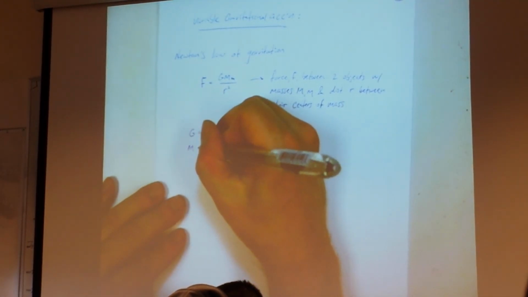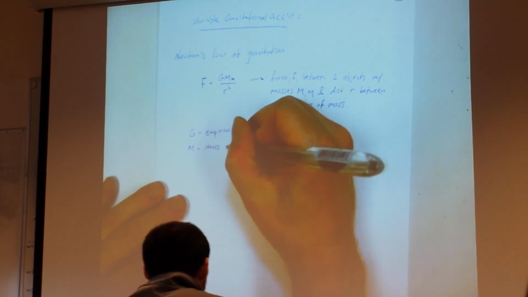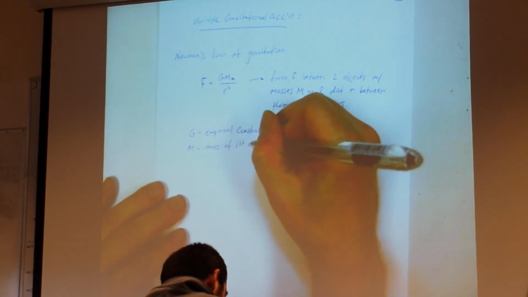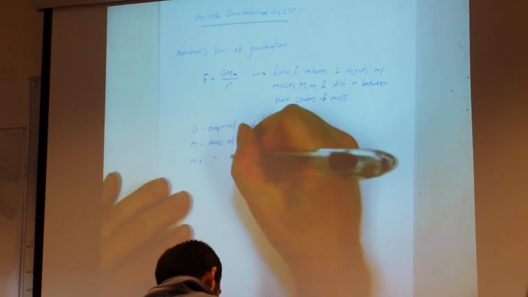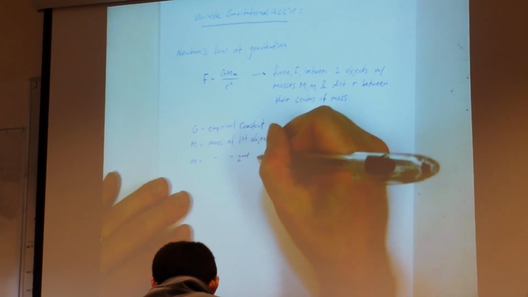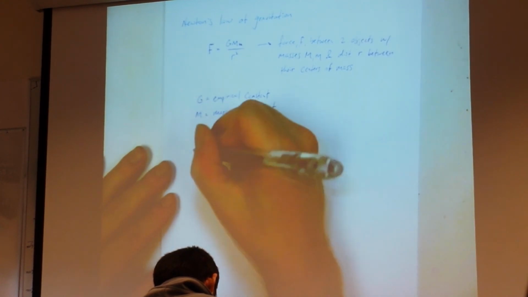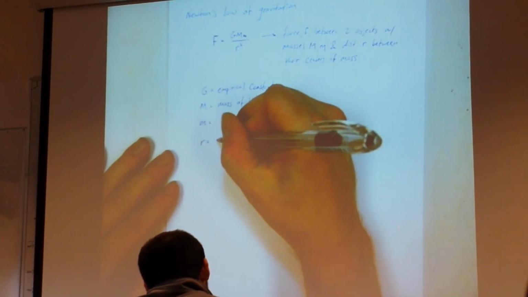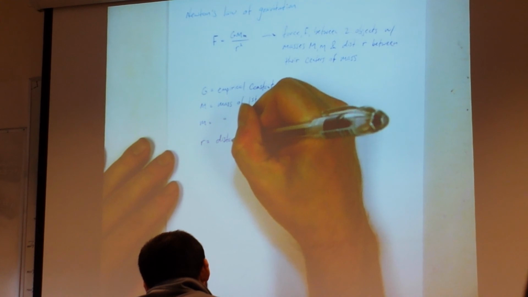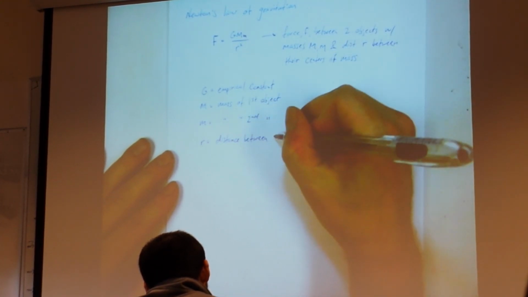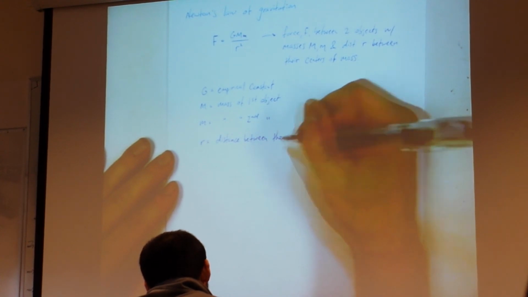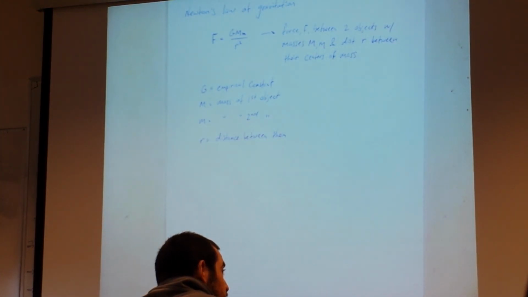Big M is the mass of the first object. And little m is the mass of the other object. And yeah, r is the distance between them. And technically, yeah, they're centers of mass or centers of gravity.